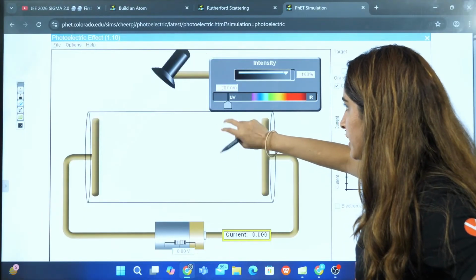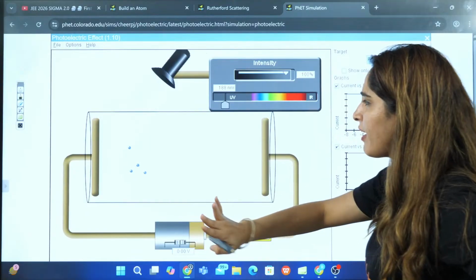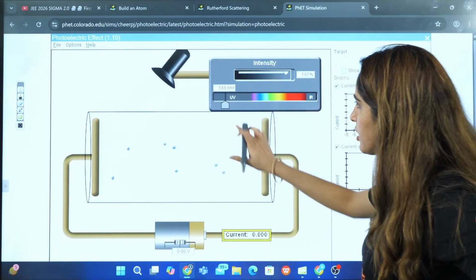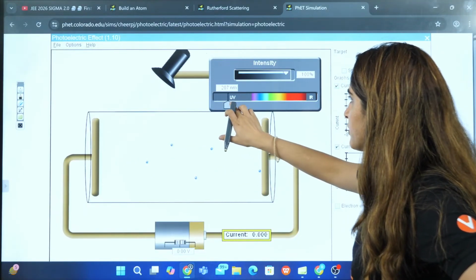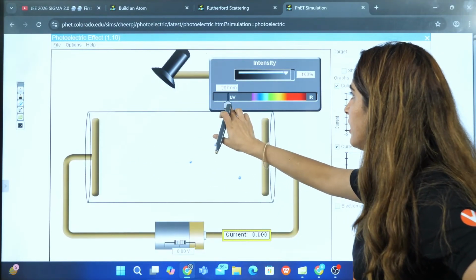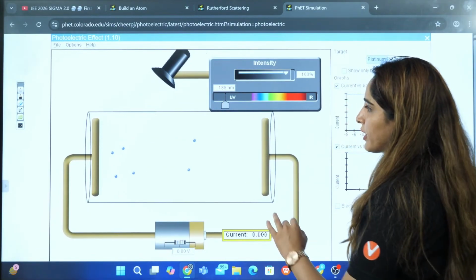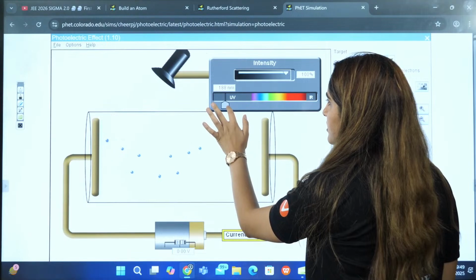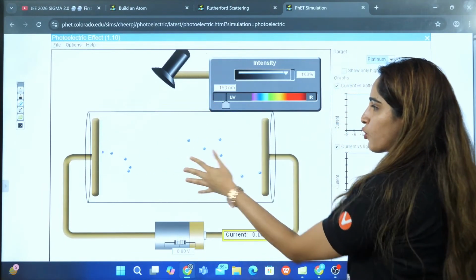You are taking out the electron with very slow energy, very slow energy, right? Okay, with very, very slow energy.